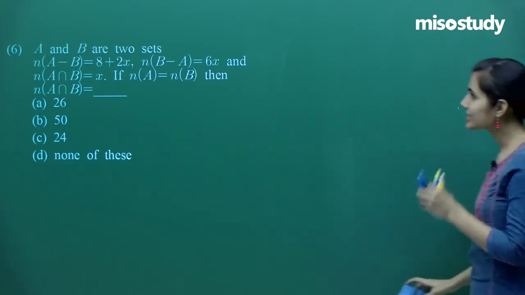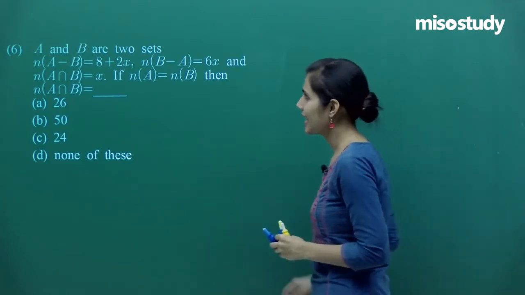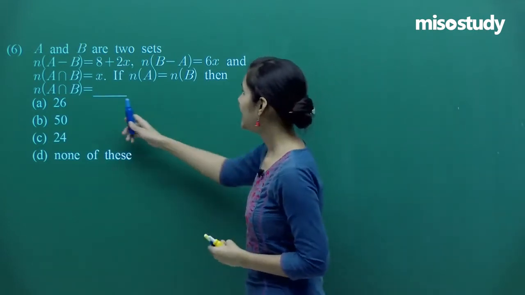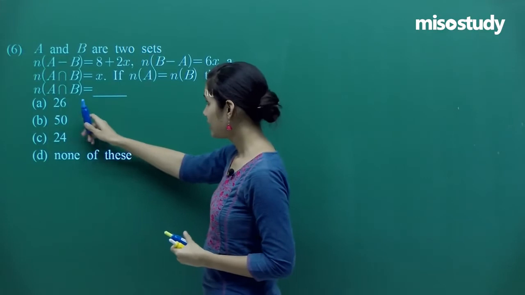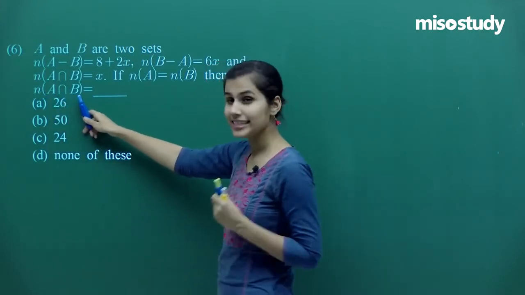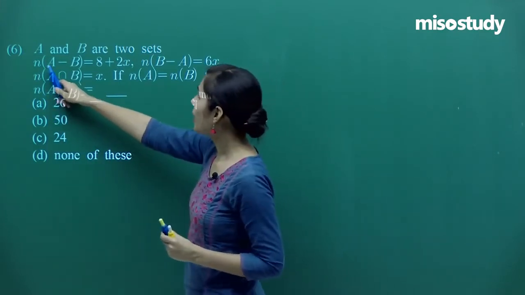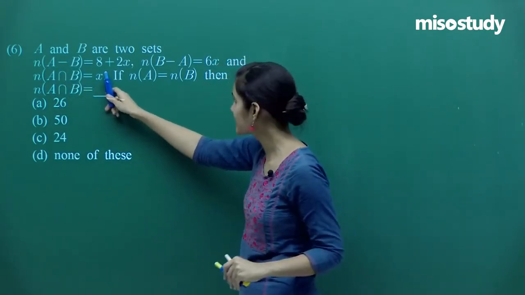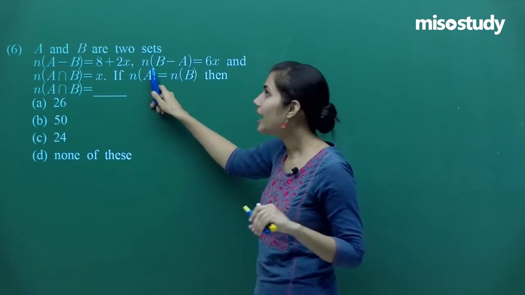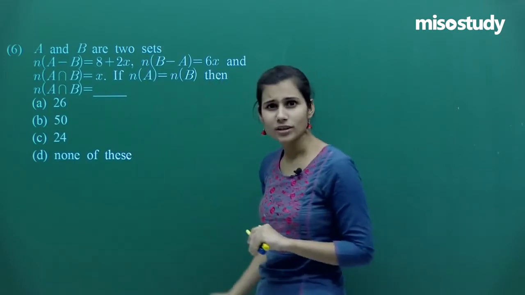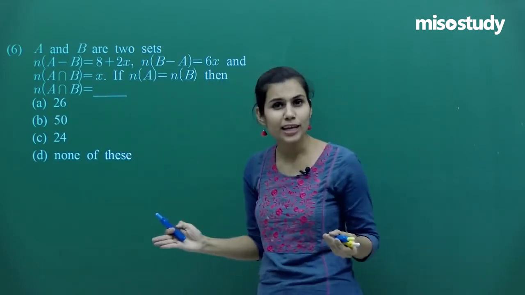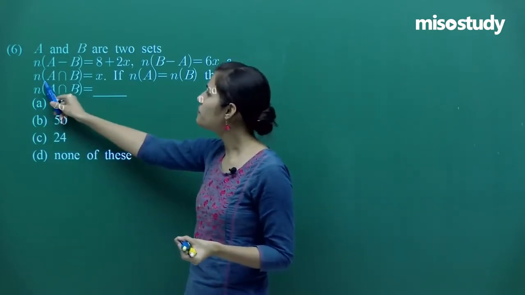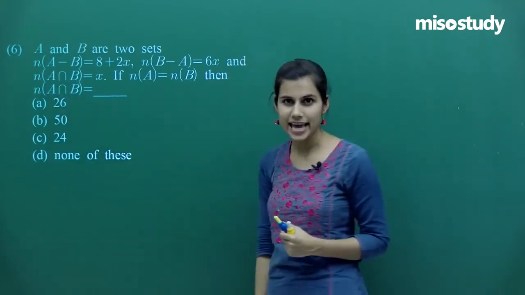Question number 6 is giving us two distinct sets A and B. It is also asking us the number of members in A intersection B, provided the number of members in A minus B is 8 plus 2x, number of members in B minus A is 6x, and what is x? X is the same thing it is asking, because the number of members in A intersection B is x.